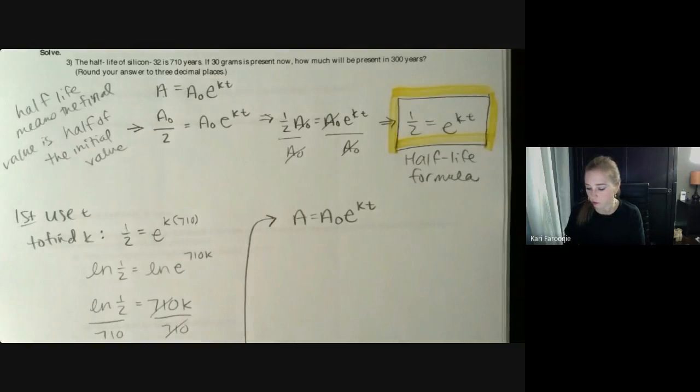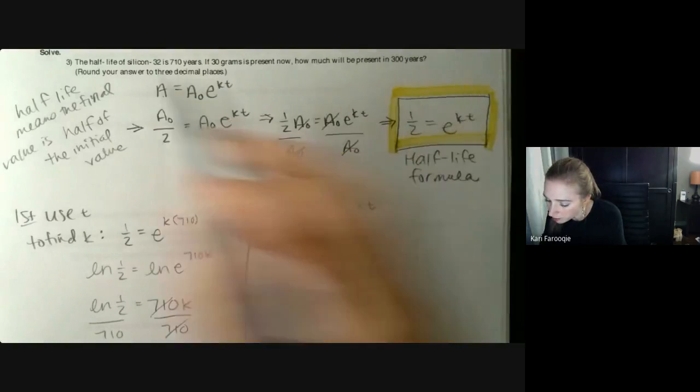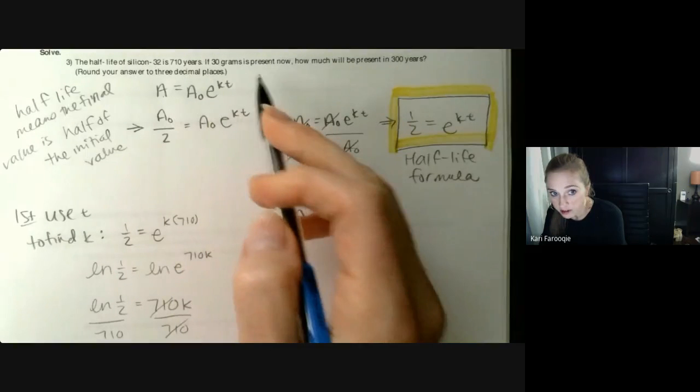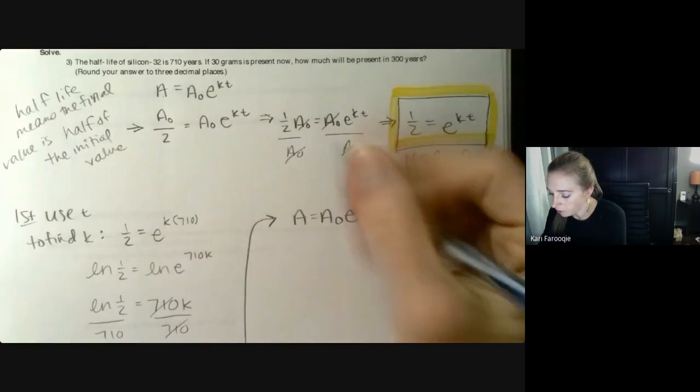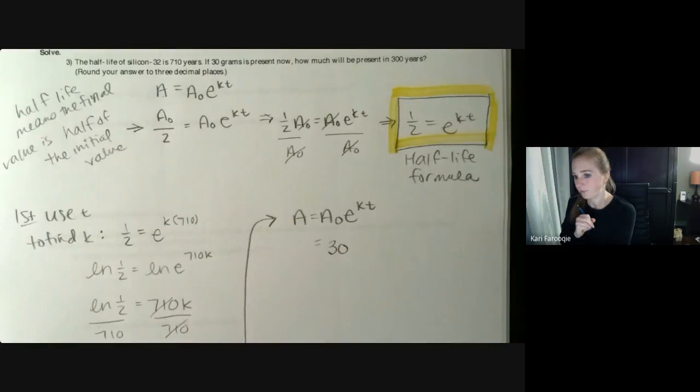And now we're just going to use this general model for growth and decay to determine the amount that we're going to have left over after 300 years. Now you're given some information here. If 30 grams is present now, we're going to use that as the initial amount. And when we talk about 300 years from now, that's going to be the time t.